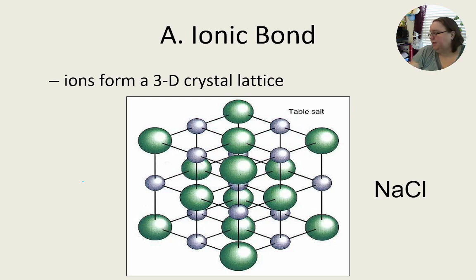So this would be illustrating sodium chloride, where chlorine is the green one and sodium is the gray one. Because chlorine has gained electrons, its cloud is going to be a bit larger than sodium, which has lost electrons and dropped down in energy level.